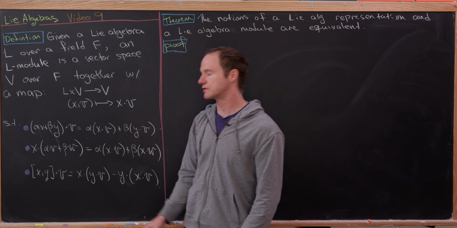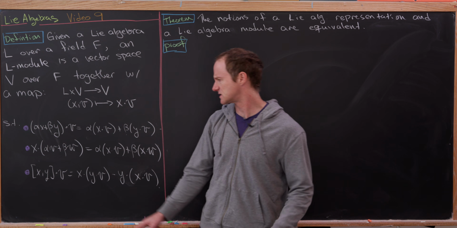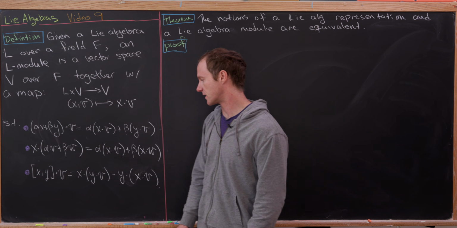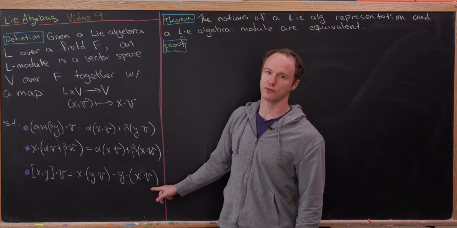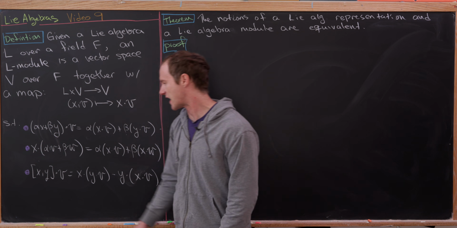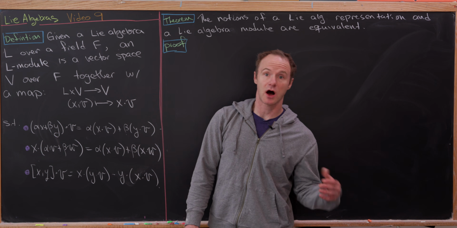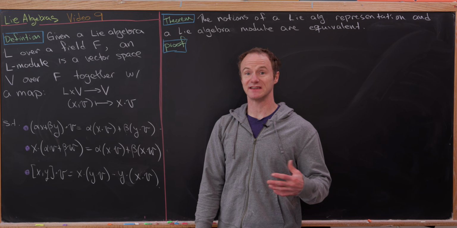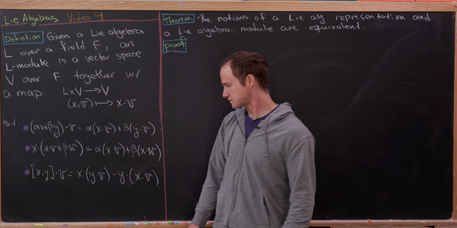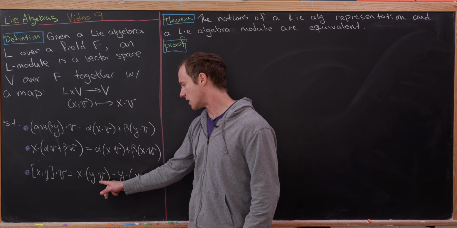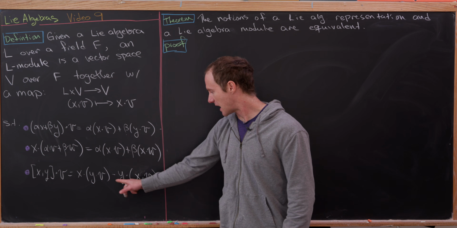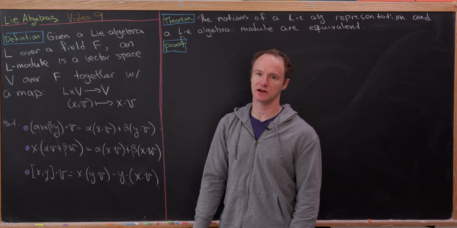We've got another distributive rule for elements of the vector space over here. And then furthermore, we've got this bracket rule that says that the bracket of x, y acting on v, that's how we say this dot, it's acting on, is equal to x acting on y acting on v minus y acting on x acting on v.